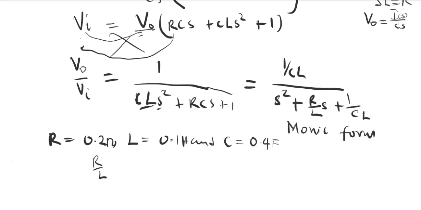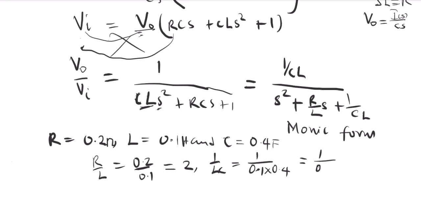Now that means R over L equal to 0.2 over 0.1, which is equal to 2. Then 1 over LC, which is equal to 1 over 0.1 times 0.4, which is equal to 1 over 0.04, which is equal to 100 over 4, equal to 25.